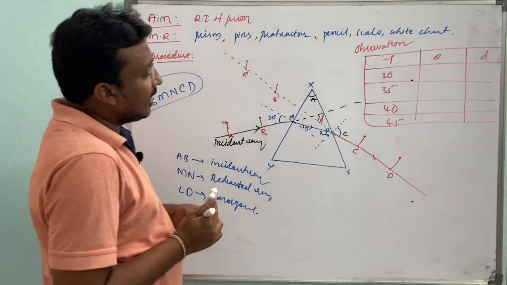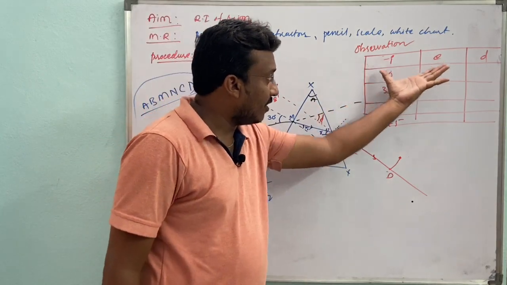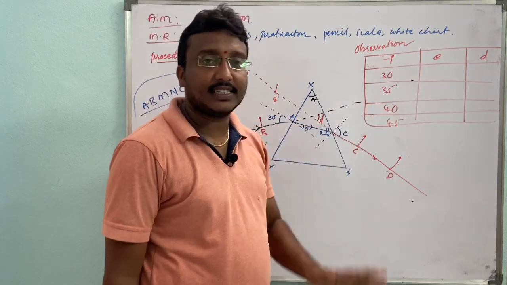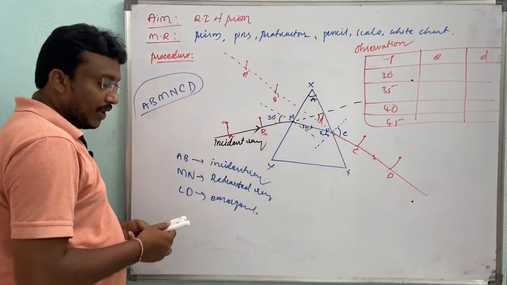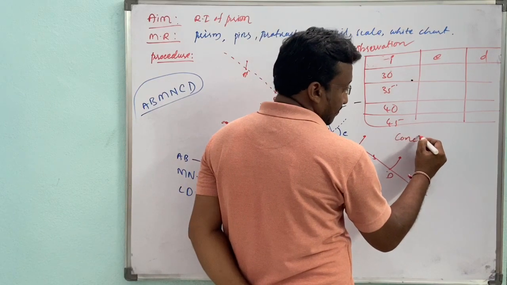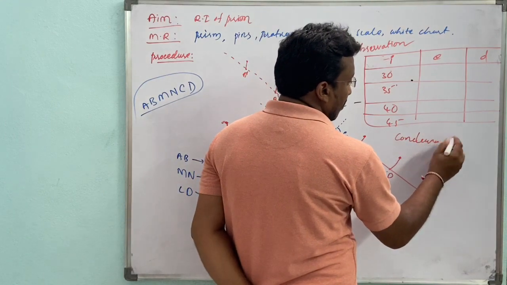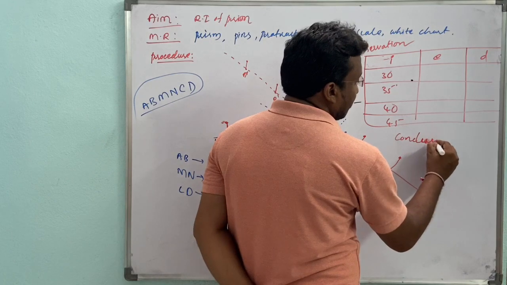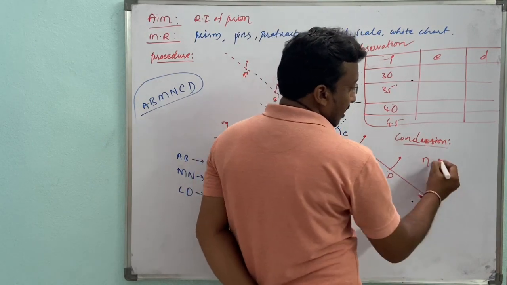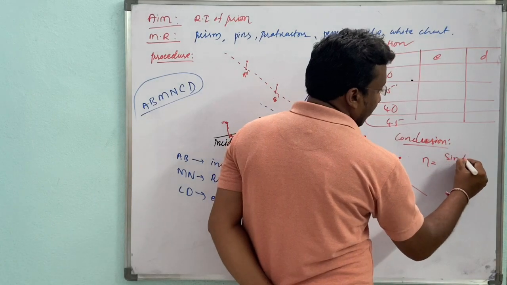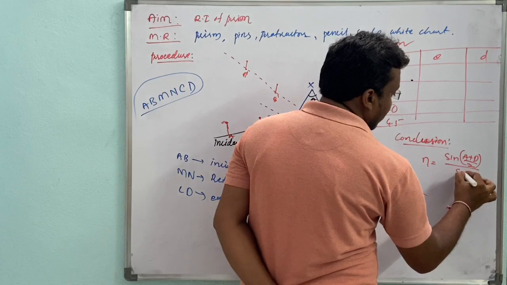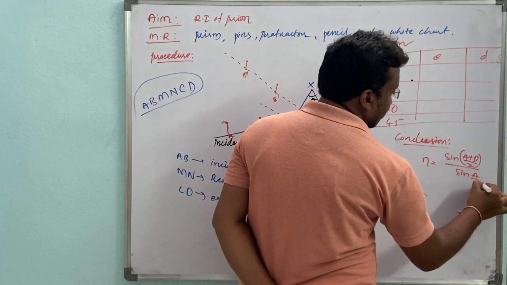Then finally, from these values, we are able to find the refractive index of a prism by using the principle that we have written as a conclusion. We can use the principle n equal to sine of (A plus D) by 2 divided by sine A by 2.